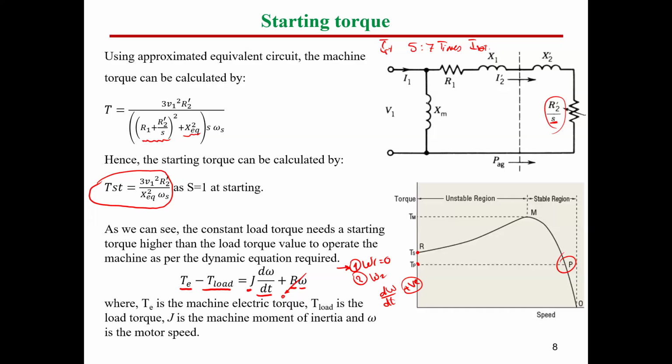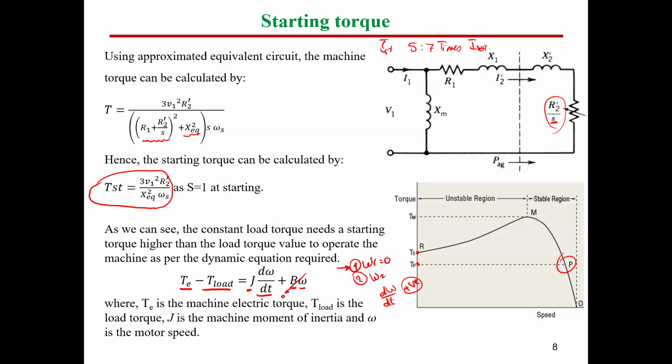And on the opposite side, if T electric is less than T load, d omega by dt is going to be negative, which means theoretically omega 2 has a minus sign. Practically, this means it's impossible to start the motor because there is nothing called negative speed if the motor is stopped or in standstill.